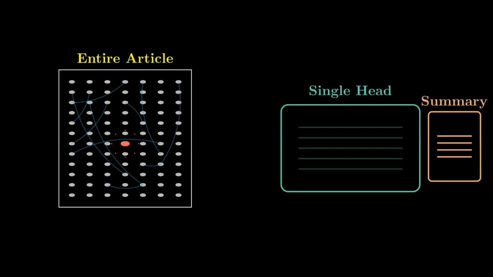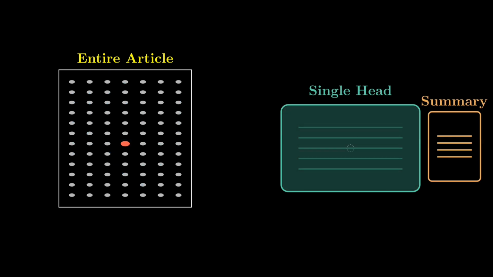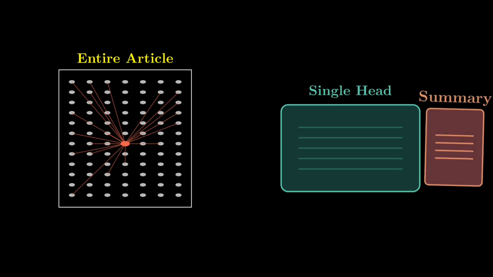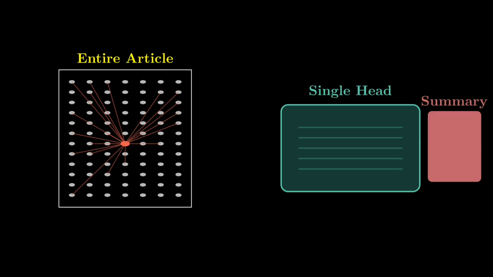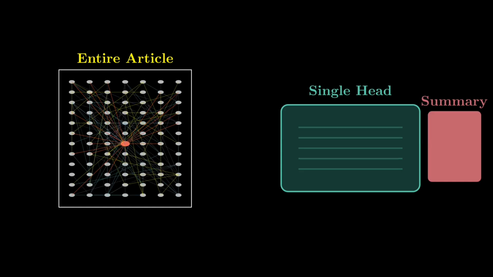And if you make even a small change in the article, the attention mechanism recalculates everything again, forming new patterns and new connections, which in turn changes the summary. This is one of the beautiful things about attention. It can detect and combine patterns in so many different dimensions that the number of ways it can understand becomes almost uncountable.